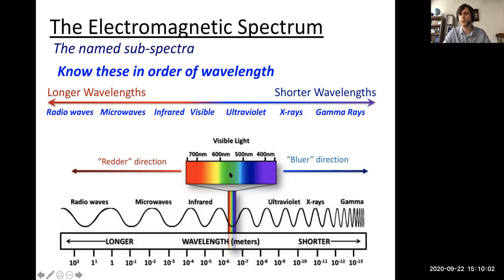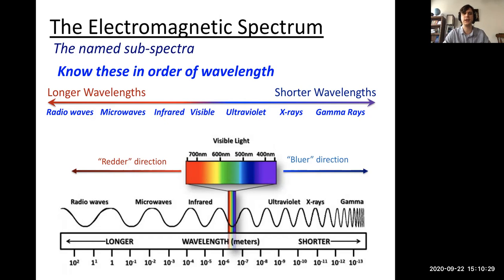We say if we're going to move along the electromagnetic spectrum to longer wavelengths, so move to redder light, we say that we're moving in the redder direction, and that extends past just the visible spectrum. So if we want to say what is redder than red, we could say infrared. What's redder than infrared? Microwaves. What's redder than microwaves? Radio waves.